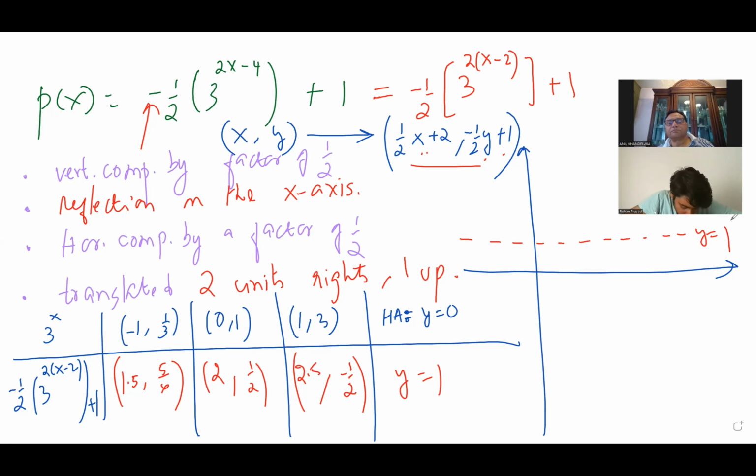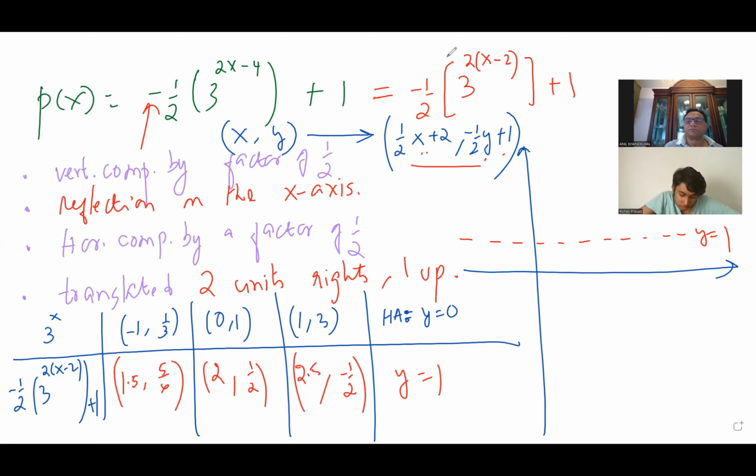So if it is 1.5, 5/6, negative by half, 2.5 by negative half.